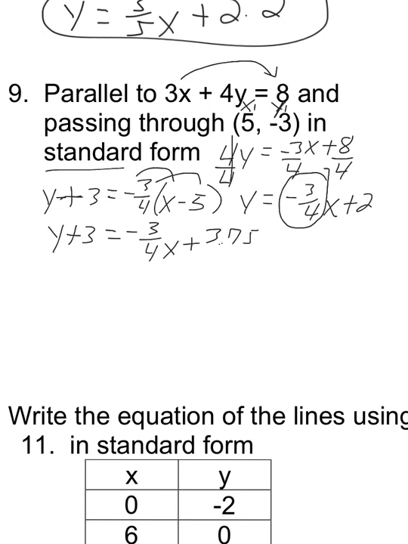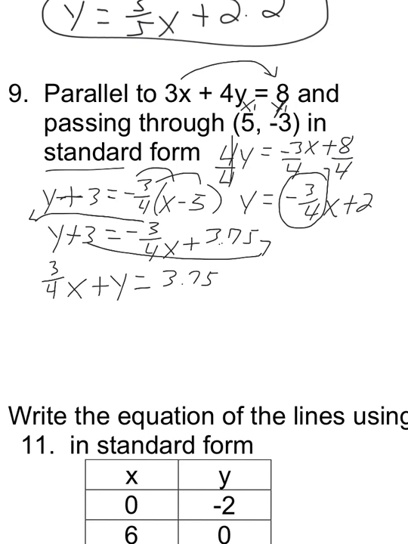This is wanting it in standard form, which means my x's have to go first, then my y's, then my equal sign, then my regular numbers. So I've got to switch two things. One, I've got to move my x to the front, and I've got to move my 3 to the back. So it looks like this. The -3/4 becomes a +3/4 x plus the y that's already over here equals 3.75, which was already on the right side.